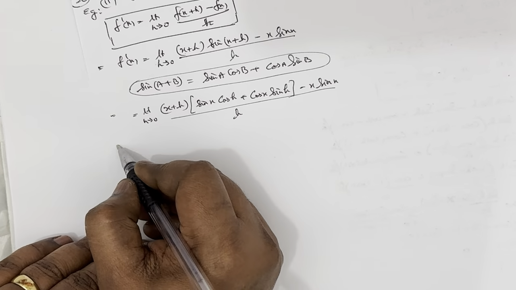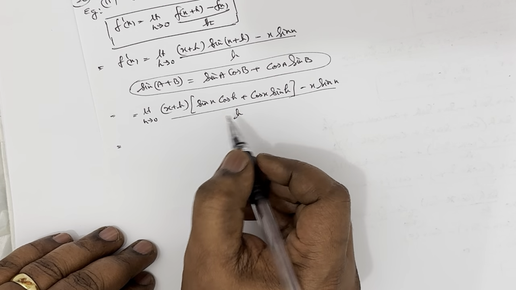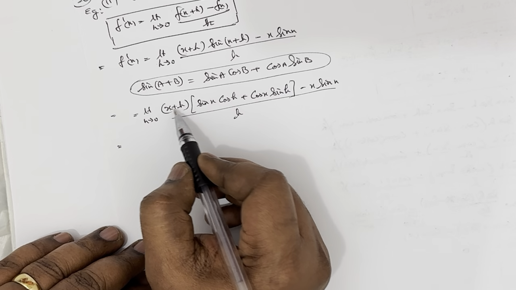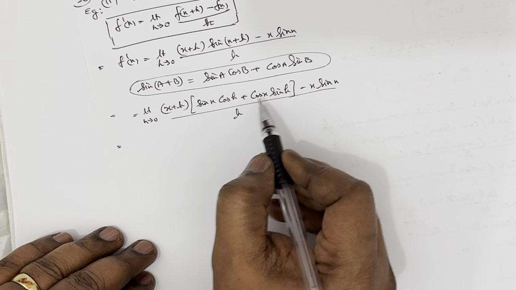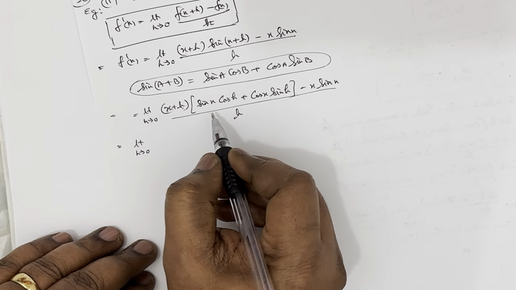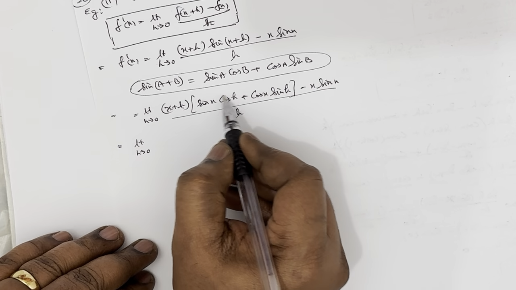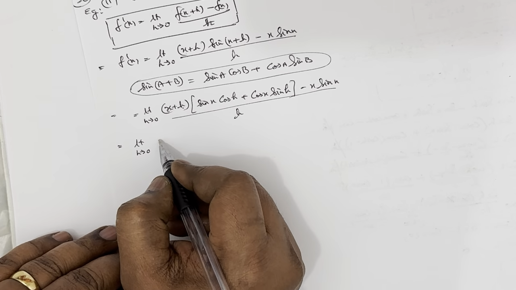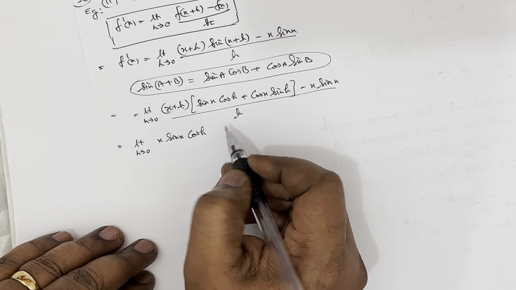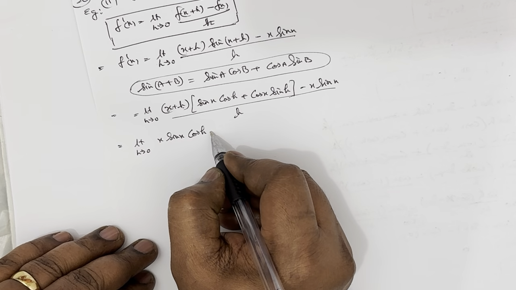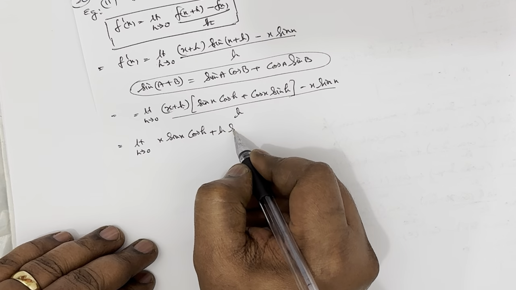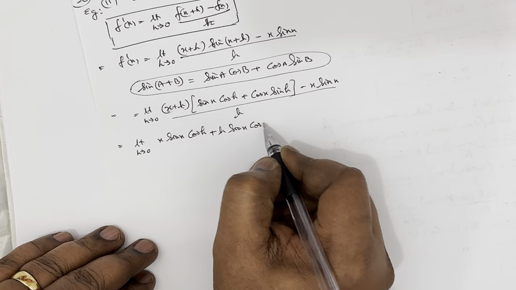Okay, so now this is multiplied with this whole thing. So you have to multiply this with this, and again the second expression with both of this, so it will be limit h tends to 0. Now first we'll take sine x cos h multiplied with x, so it will be x sine x cos h, plus h sine x cos h.